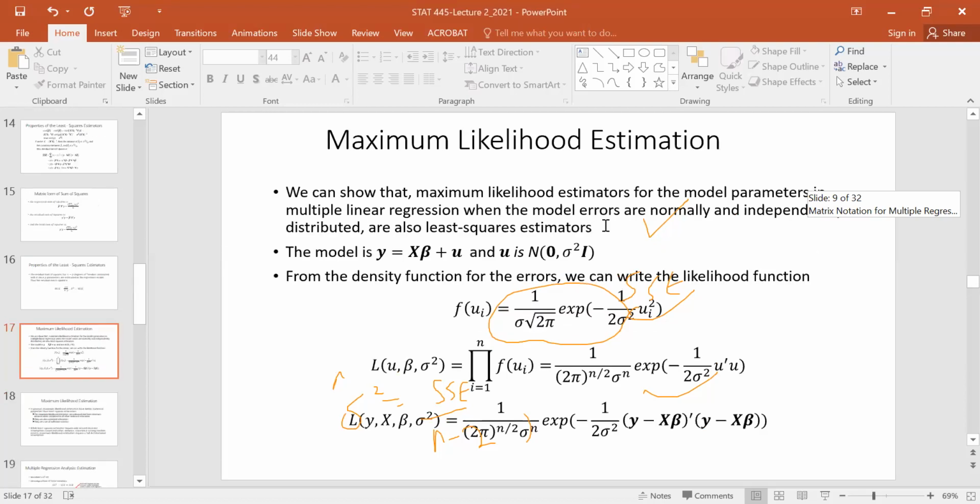We'll talk about another concept, a method of estimation, getting our parameters. It's important we describe the maximum likelihood. Now, you know the least squares, or the ordinary least squares, OLS. It's a way of estimating parameters.